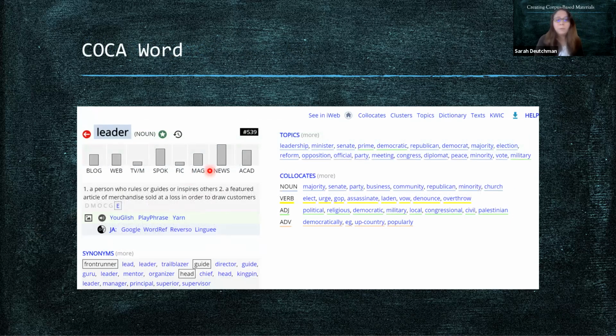Okay, so some information you can get is how frequent the word is. The lower the number, the more frequent the word is. You can also see where it's going to be used. You can see clusters, meaning what words are usually associated with this. Same with collocations. You can get a dictionary definition. You can get the keyword in context, so it'll give you the sentence, your concordance lines, and it's going to highlight them.